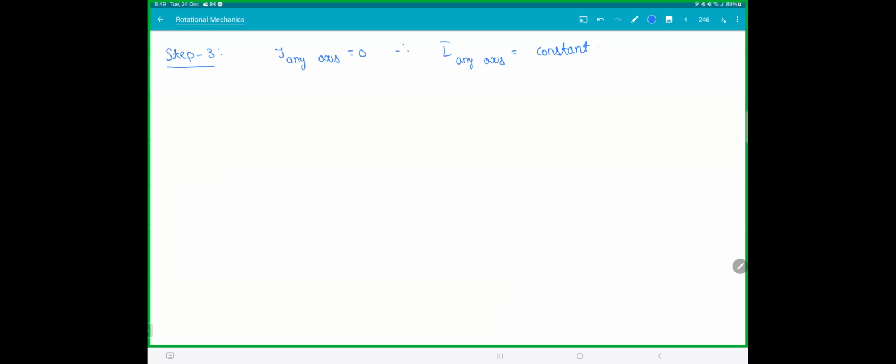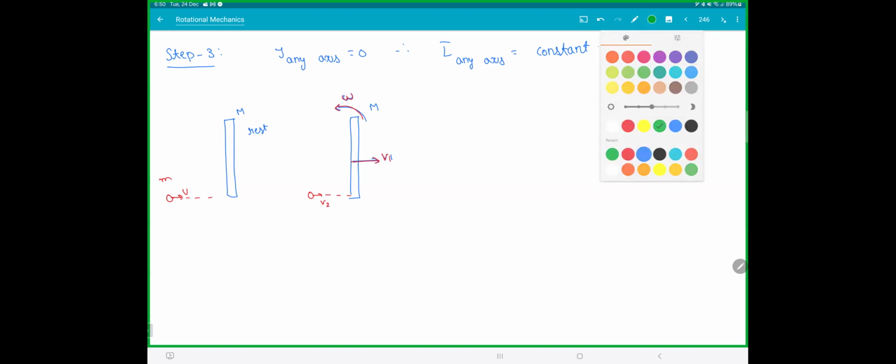So first, let's take the center of mass. Again, I'll draw the final diagram. So this was mass M, this was at rest. This mass M is going with V1 and rotating with omega. And here the ball is coming with U. The ball is going with V2. Okay.